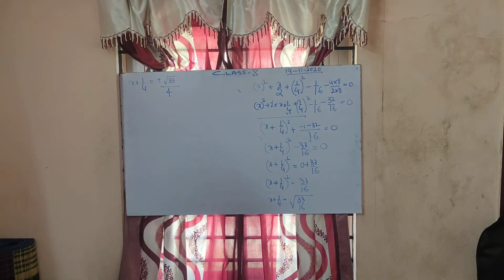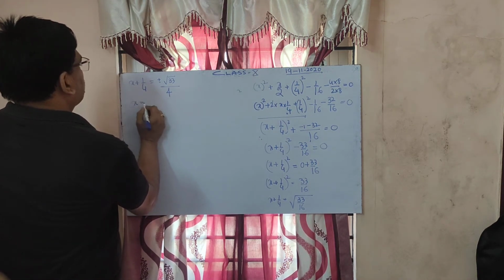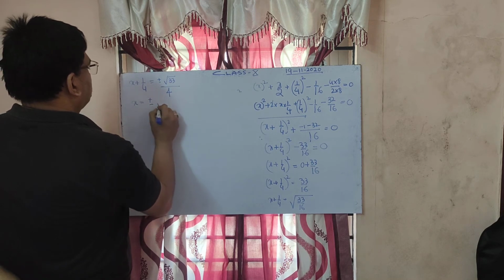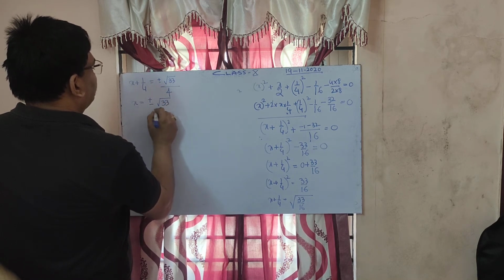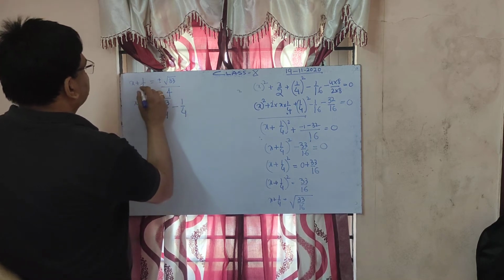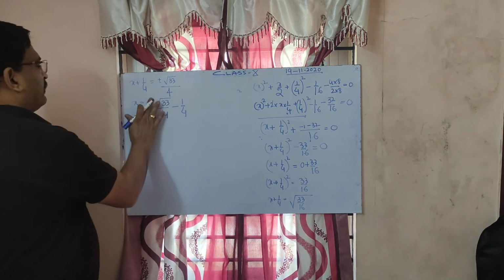Don't change anything. Now, we want x equal to plus or minus 33 upon 4, minus 1 upon 4. If you transfer this, it becomes minus 1 upon 4.